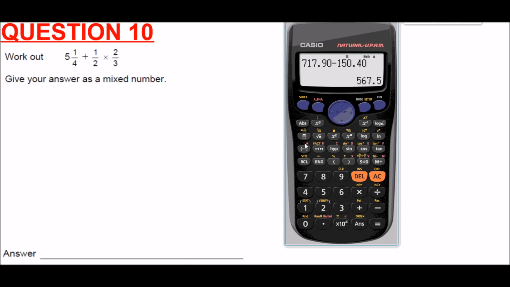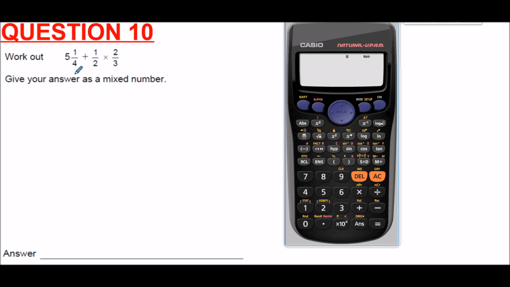So if you have a calculator like this, for example, and you know how to use it, this question becomes rather straightforward. First of all, 5 1/4 is a mixed number. You can't just do it like this. You can't just put in 1/4 and skip back and put a 5 at the beginning. If you press equals, 5 1/4 isn't the same as 1.25.